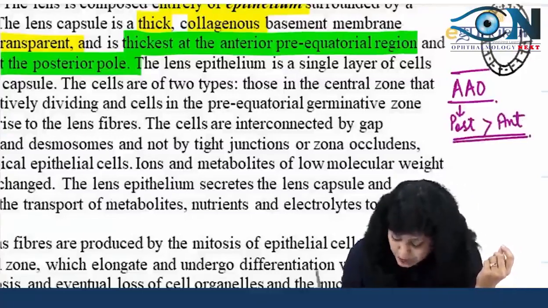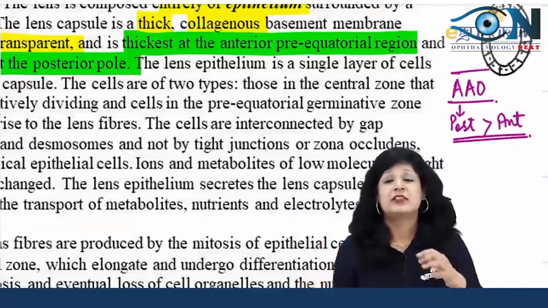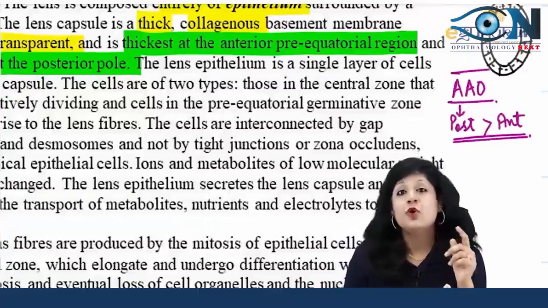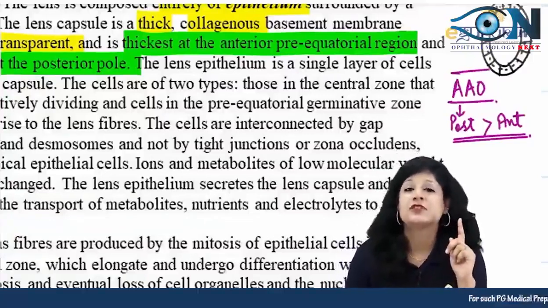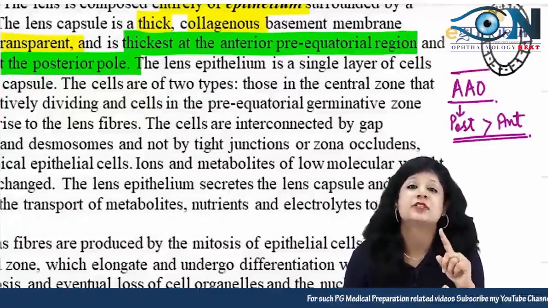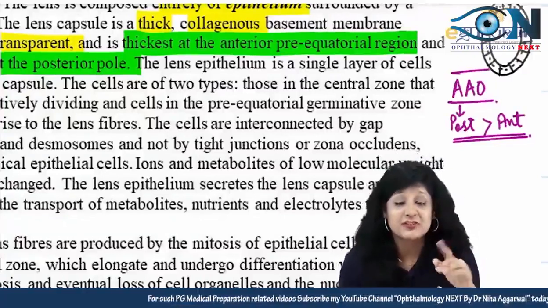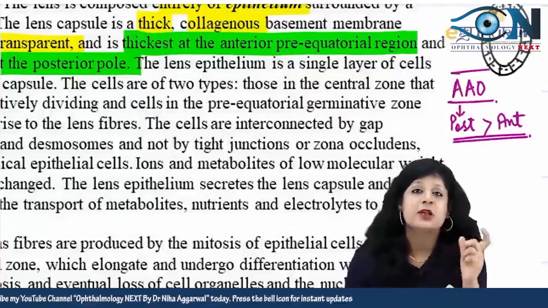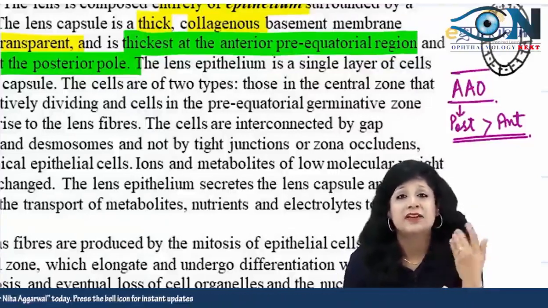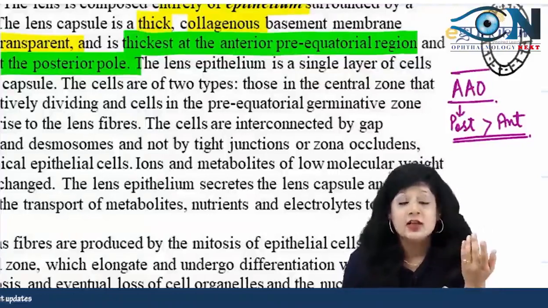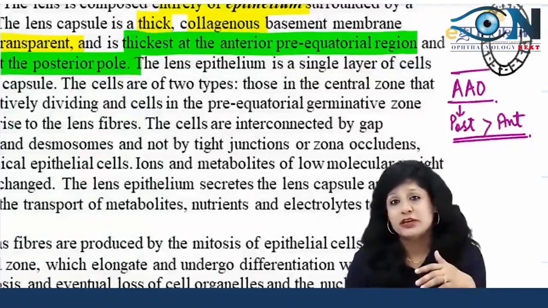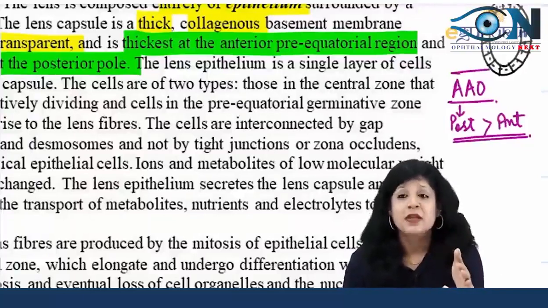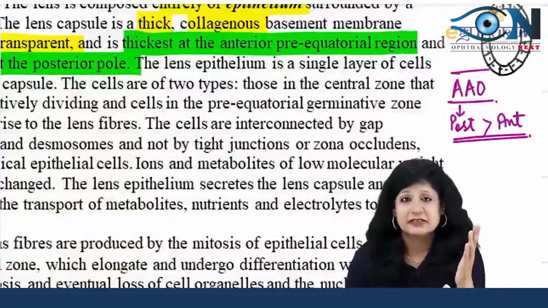So see, if you are giving your university exams and they are following just Parsons, then you have to go with the anterior. But if you go for your entrance examinations, then I would say that it is better to accept the standard journal which is of international level, that is your American Academy of Ophthalmology, that the posterior precutorial, because so many diagrams are there, so many other evidences are there which show that it is the posterior precutorial area which is thicker than the anterior. However, the difference is not too high, just 2 microns, but yes, it is thicker.